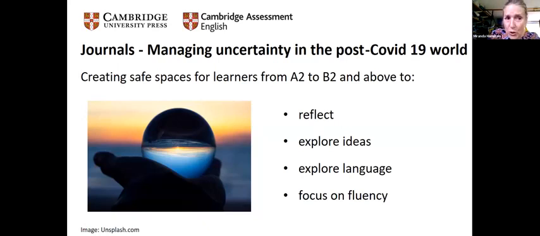They're a really good tool because they create safe spaces for learners, whatever their level, from A2 to B2 and above, to reflect and explore ideas, to explore language, and importantly, to focus on fluency, writing for fluency.